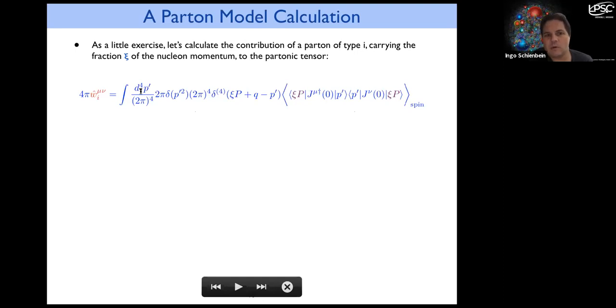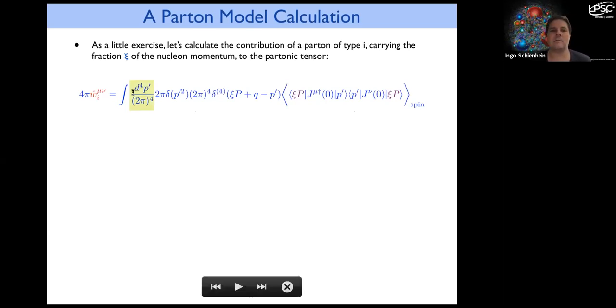You may probably know that d4p' delta(p'^2) is the same as d3p' over 2 times the energy. And the 2 pi cancels one of the (2 pi)^4 factors. So you can write this also as d3p' over (2 pi)^3, 2 times the energy. So the usual phase space element for an outgoing particle.